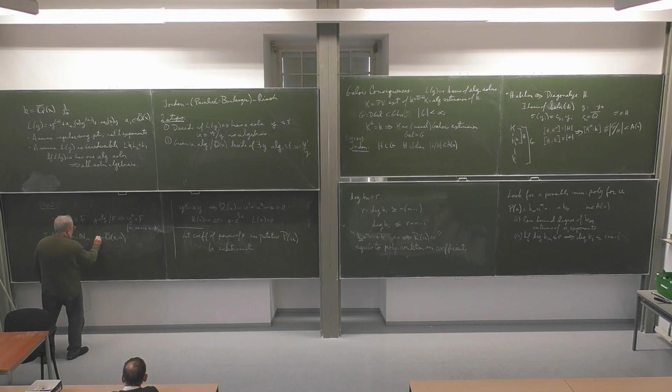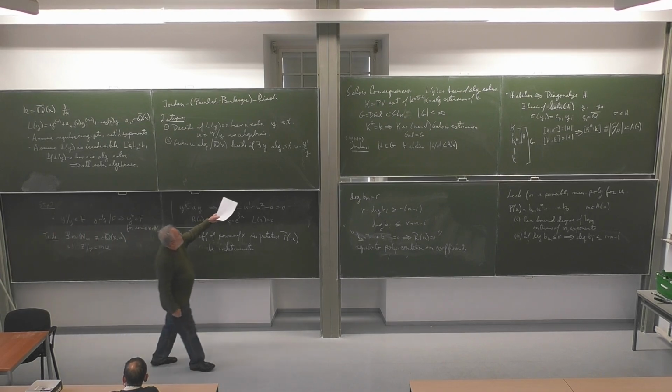Say z in here. Let me not switch notation. Does there exist an n and a z such that z prime over z is mu?